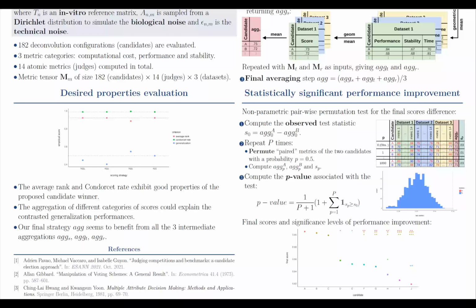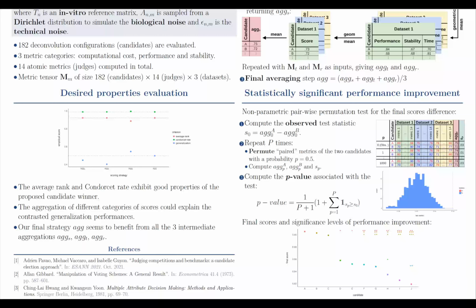Given our aggregation function, we cannot really use a parametric test for this. So, we employed a permutation test. Under the null hypothesis of the test, 2 candidates A and B are similar and their scores come from the same distribution. In that case, exchanging them will not affect a lot their final scores difference.